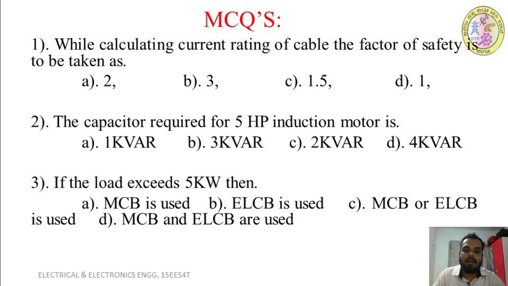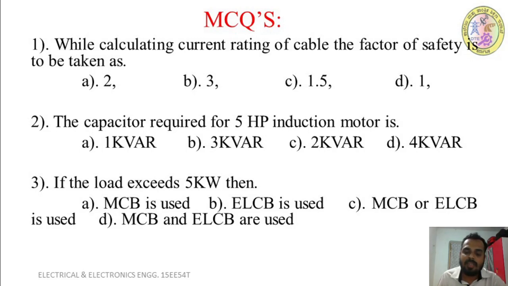While calculating the current rating of cable, the factor of safety to be taken, as we have used this in our lighting installations and all. So what is the factor of safety we have to multiply the load current by for selecting the cable rating? There are 4 options: A 2, B 3, C 1.5, D 1.